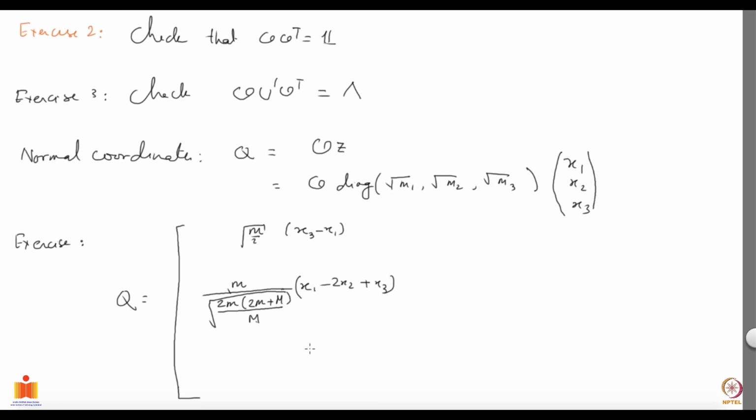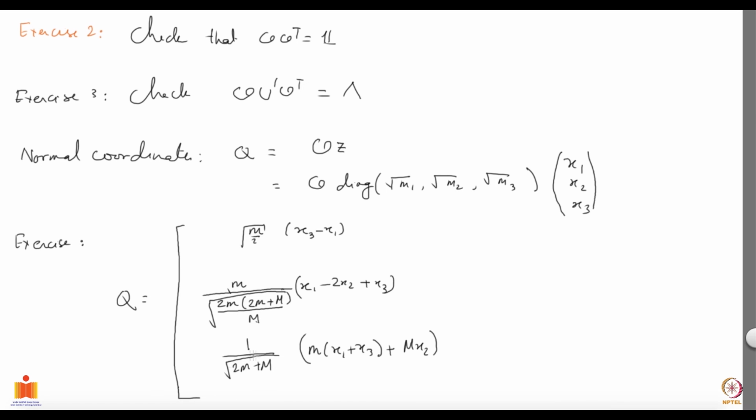And then the third one is, and that looks, no, it does not look strange, it's fine. 2m plus m. I'll tell you why I was surprised for a moment.